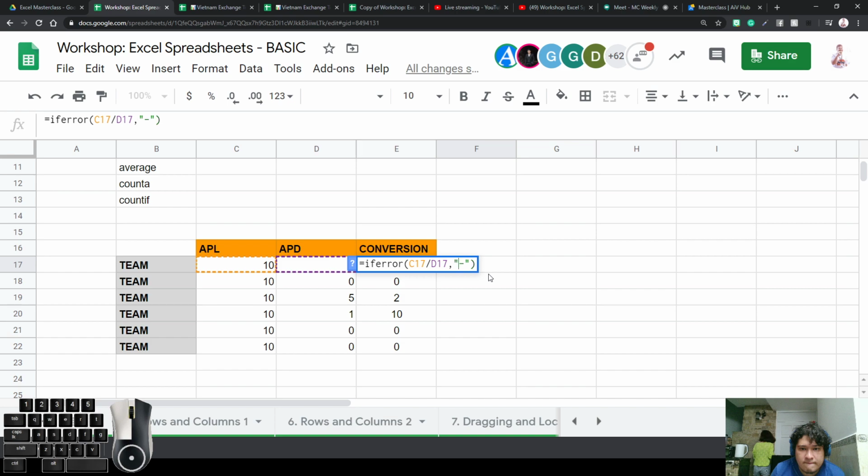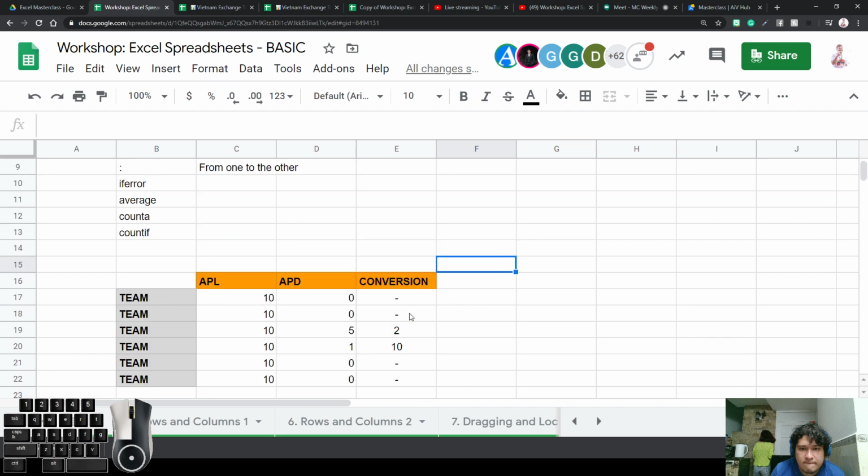So I'm gonna make it like this, and then yes, now it shows a dash. So that's the kind of formula you want to use to fix all the problems, especially with conversion rates, with growth, with GVA, with everything. Any error can be solved with this. So that's a basic thing.